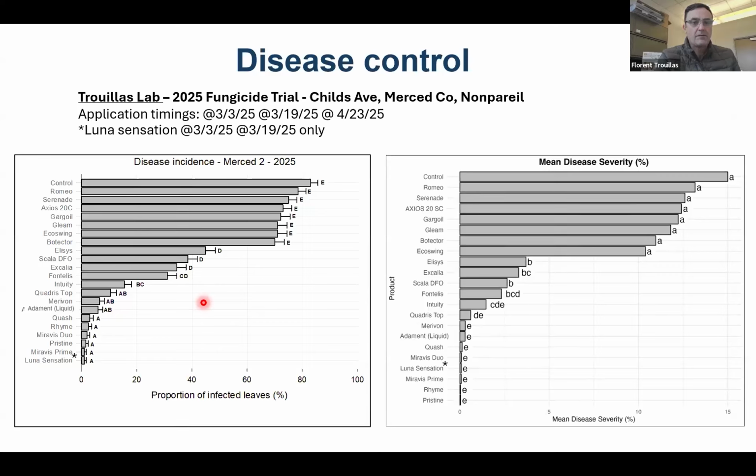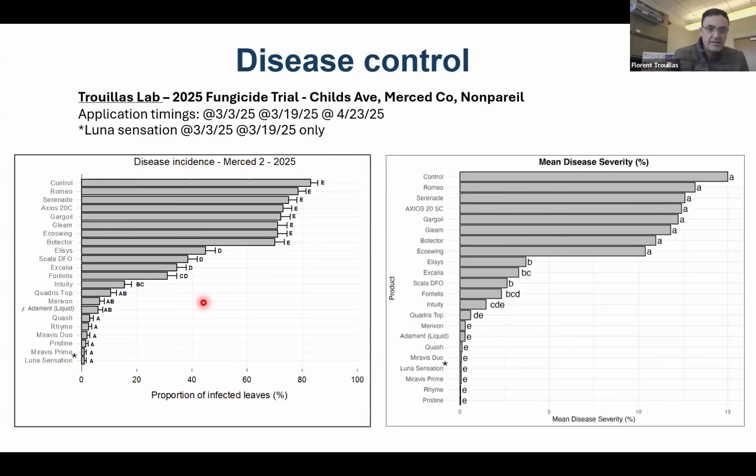These were March 3 of 2025, March 19, and then we came later for the latest rain of the week of April 23. One note here, I put a star. All of these products received 3 applications. We wanted to know the product efficacy. One asterisk here, Luna Sensation only received 2 applications based on label recommendation.